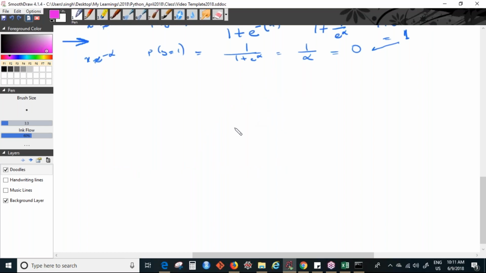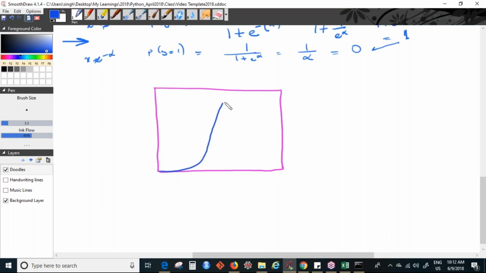Oops, one sec, let me draw it again. This is the probability of y is equal to 1, and your x-axis is the linear regression line.